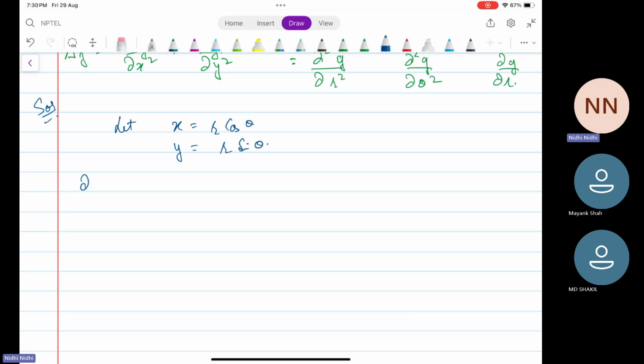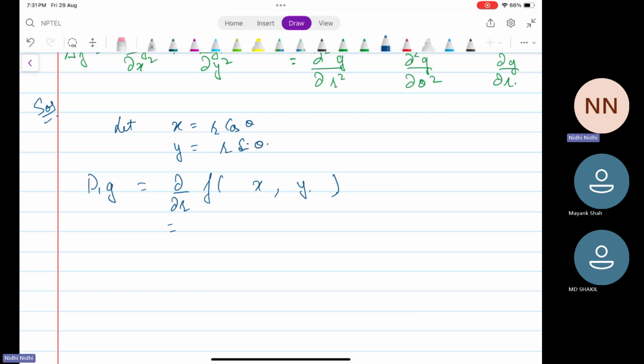So d1 g, which is del by del r of g, where g is f of (r cos theta, r sine theta), I'll write it as f of (x, y), where x and y are as defined above.